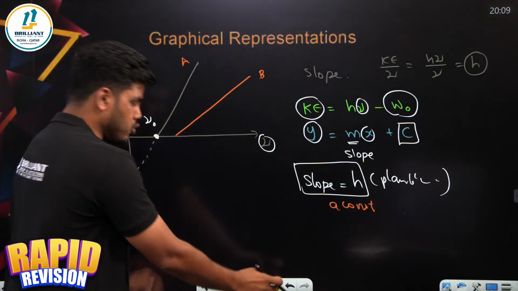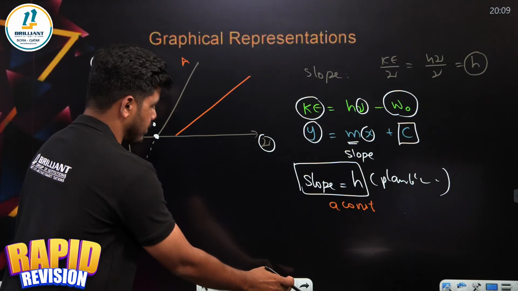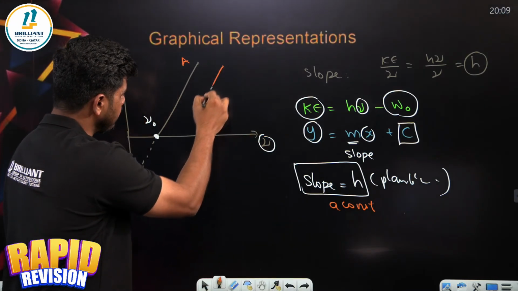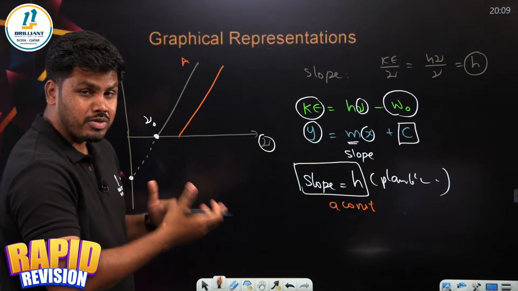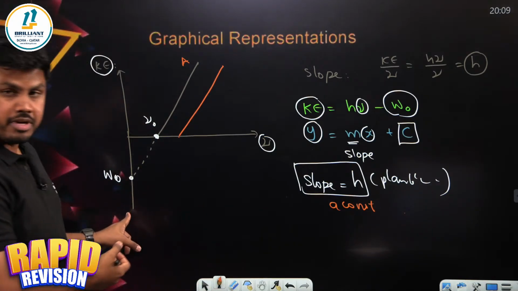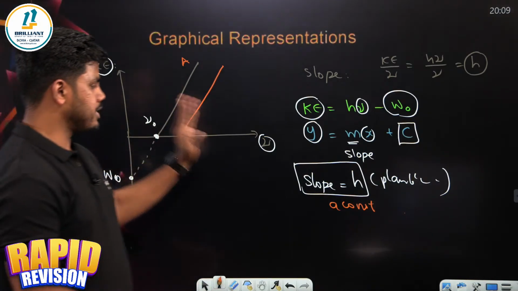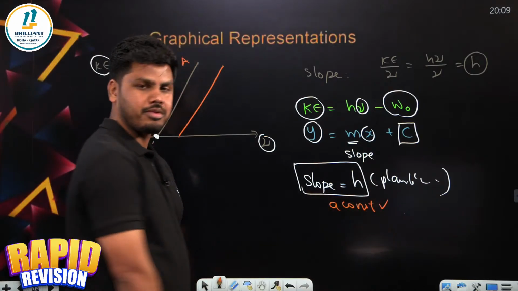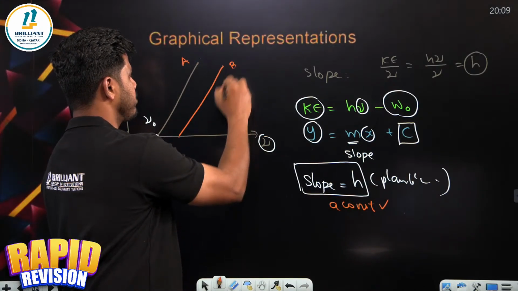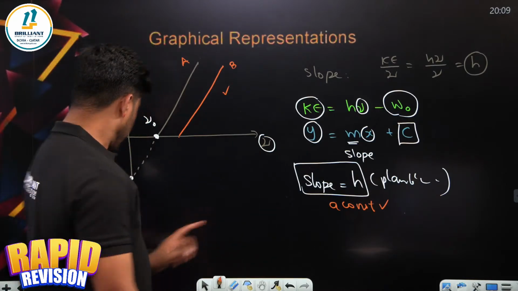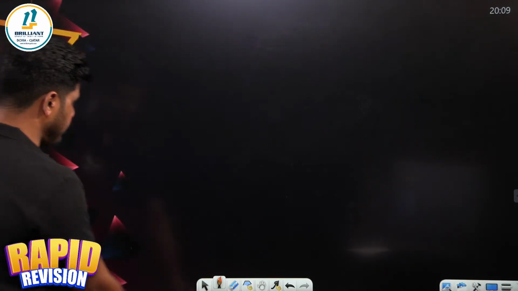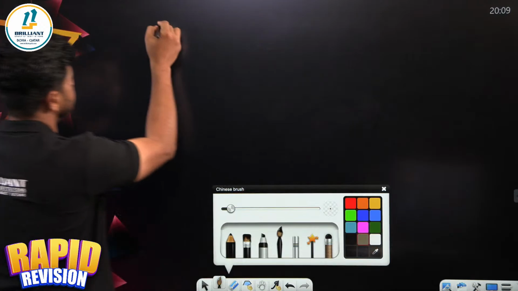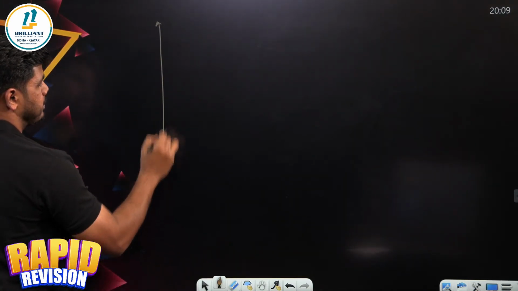If you draw two graphs on the same coordinate axes, they should be parallel to each other. Their threshold frequency may be different, their work function may be different, but the slope should be the same because it is Planck's constant. This is for A and this is for B. This is correct.